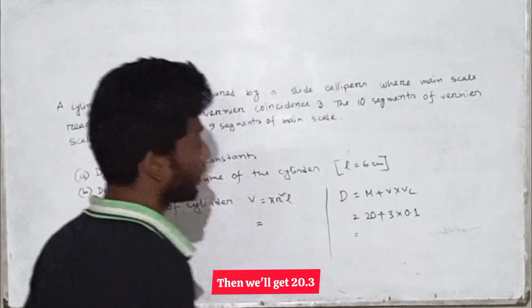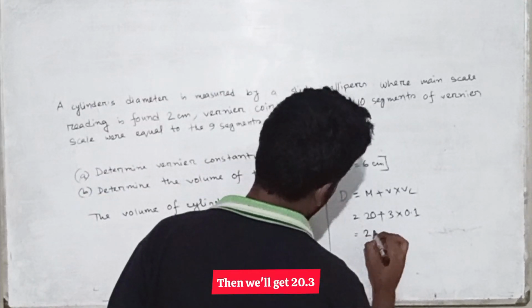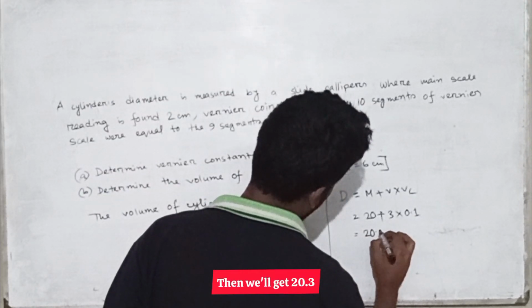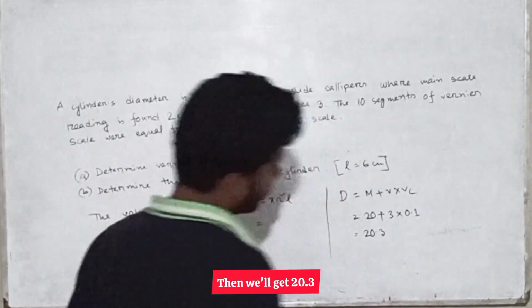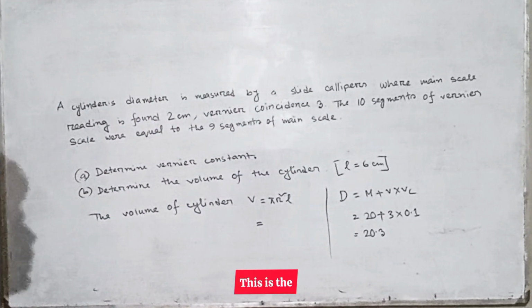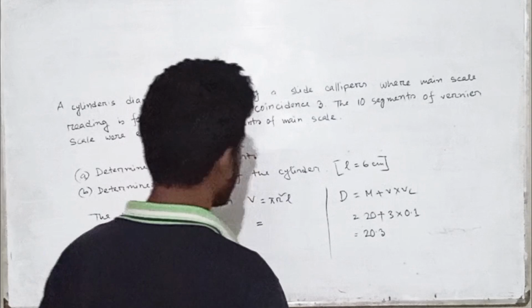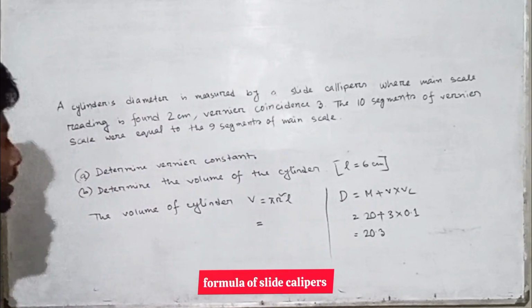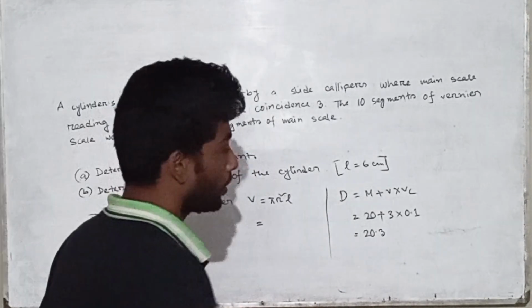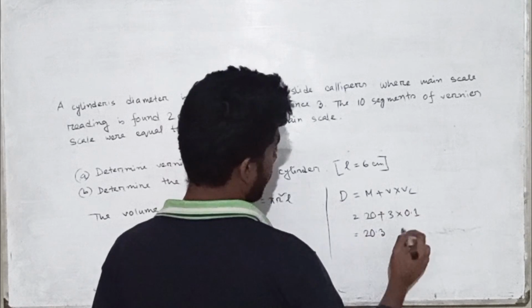Then we'll get 20.3. This is the formula of slide calipers, and this is the value of diameter.